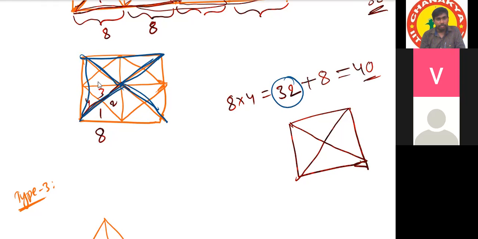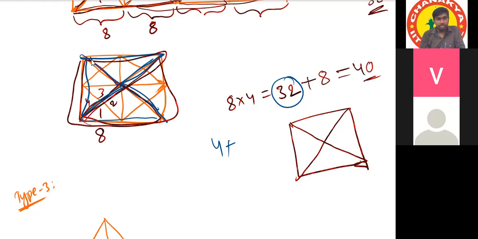And the half: this half 1 and this half 2, this half 3 and this half 4. That is what I am telling. Individually, 8 4s are 32, and this 8 is for the bigger square.